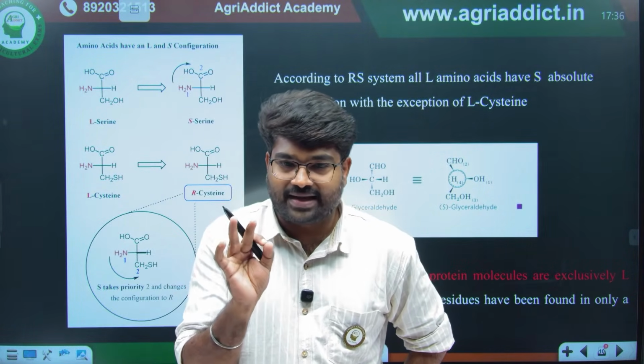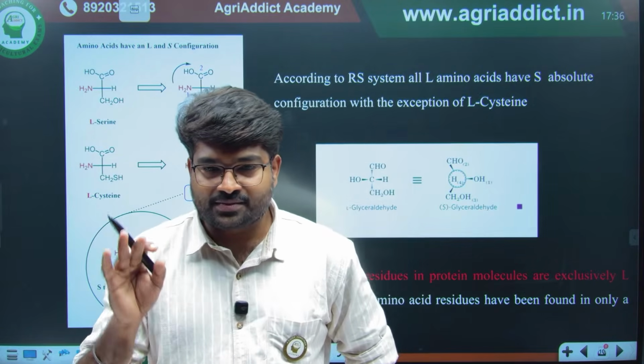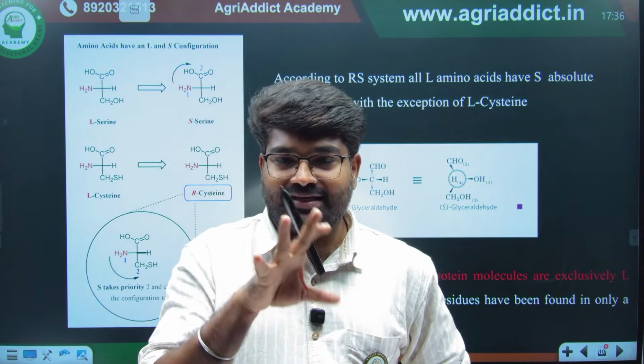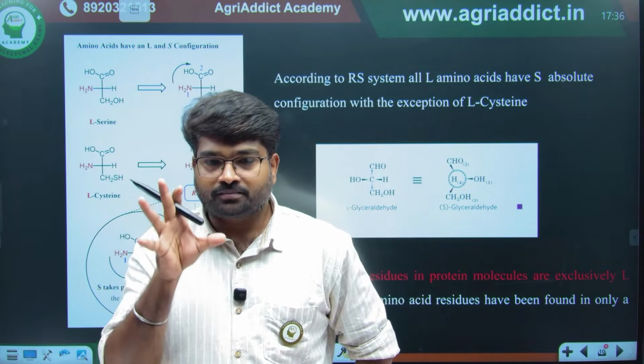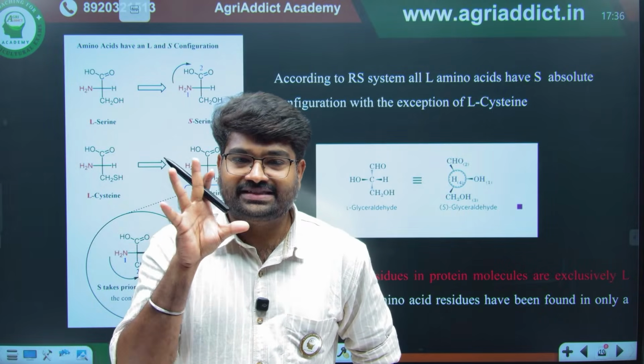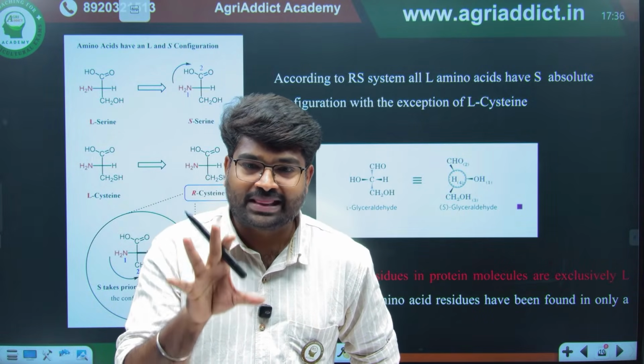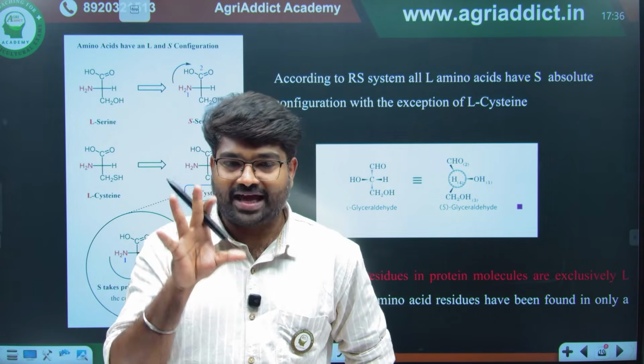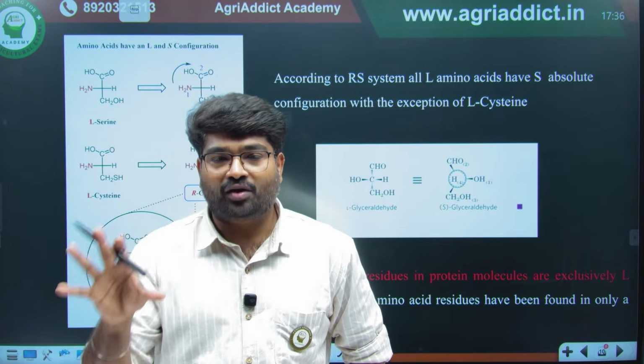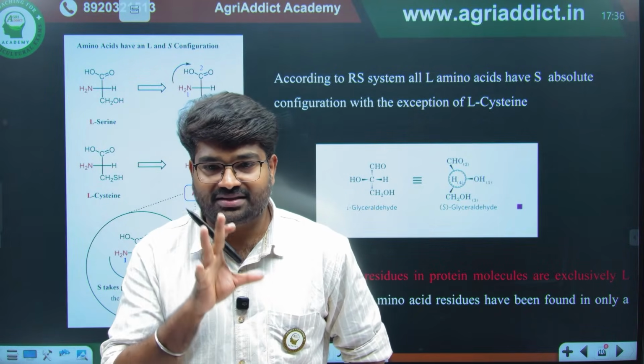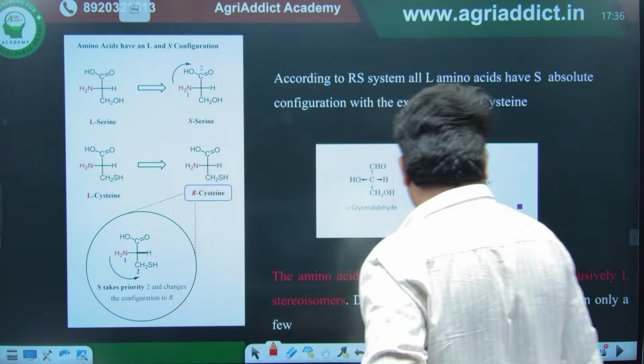In humans and plants, whatever amino acids are present in proteins will be in L form. D amino acids will be primarily present in the cell wall of bacteria. This is another important point you have to remember.